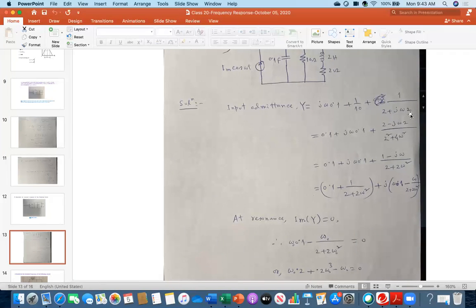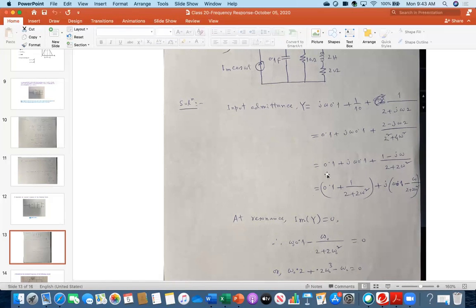In the numerator, it was 1, so you get 2 minus j omega 2. And then see the calculation, this one as it is still. Here I am dividing by 2 in the numerator and denominator. So it became 1 minus j omega over 2 plus 2 omega squared. Now I am organizing the real term and then the imaginary term. So you could write in that format: 1 over 2 plus 2 omega squared. This is one thing. And then the other thing is minus j omega over this one.